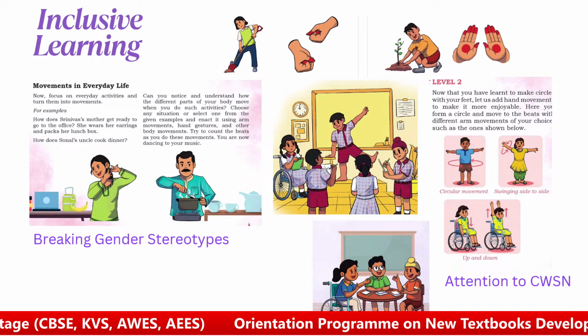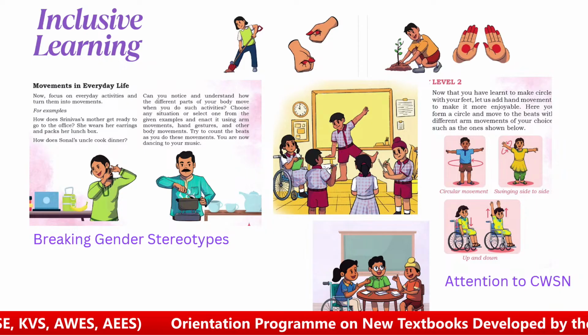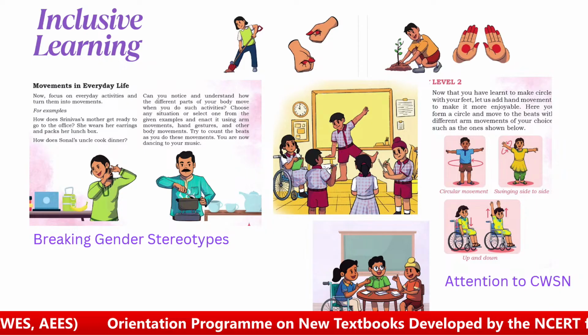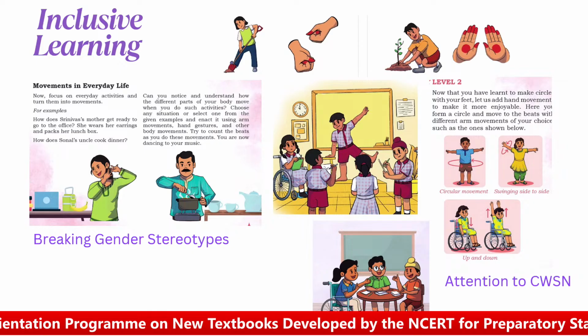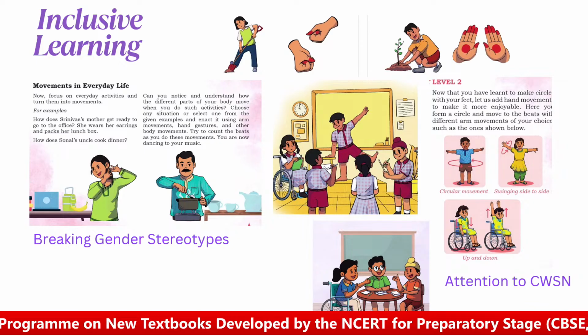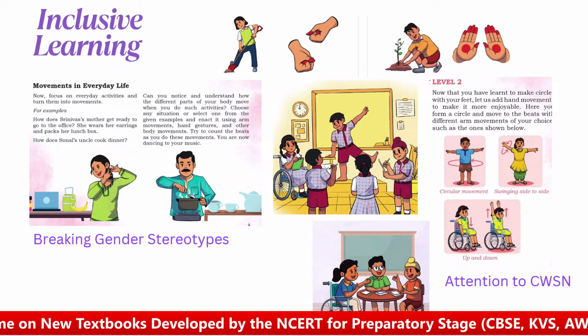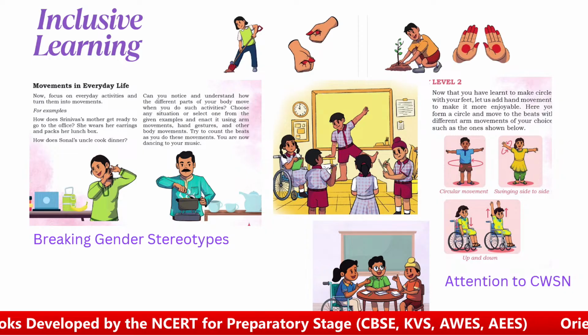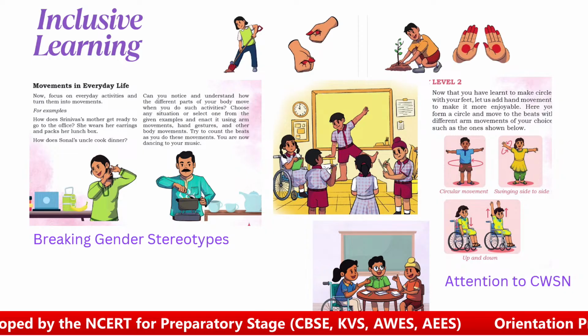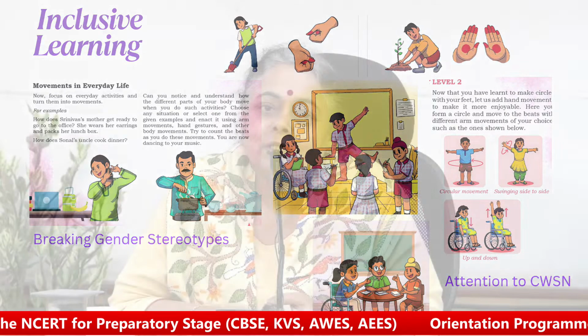So when you read the book, when you do the bridge program, do pay attention to the inclusive part of learning. When we are inclusive, we try to appreciate and understand the merits of others. And we try to include everybody, and that is what our country is all about.